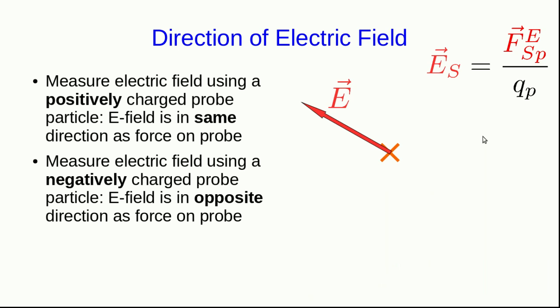Another way of understanding this is just by saying that if there's some location and you somehow know which way the electric field at that location points, then anytime a positive charge passes through that location, the electric force on it will be in the direction of the electric field. And anytime a negative charge passes through that location, the electric force on it will be in the opposite direction to the electric field.